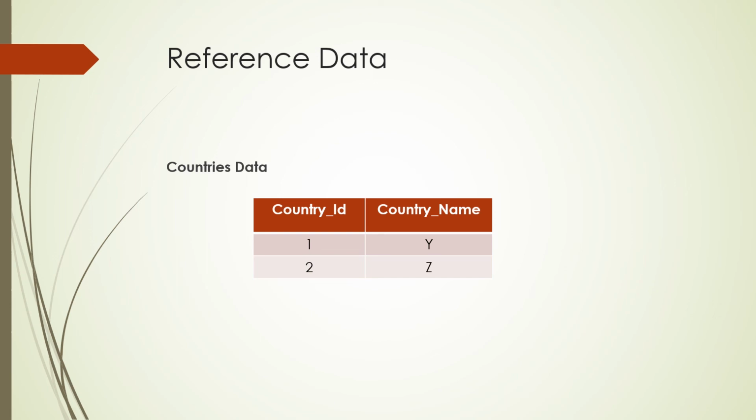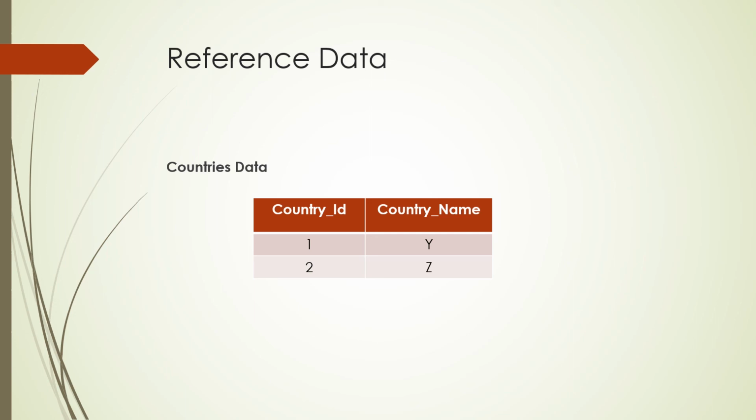Now, just to give you some idea of the application of these kinds of data when you are dealing with the star and snowflake schemas, which I will discuss in later videos: the reference data actually becomes the slowly changing dimensions, because you will not see the country names and the rest of the data changing very often, very seldom.